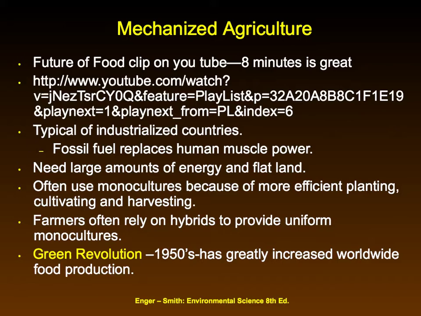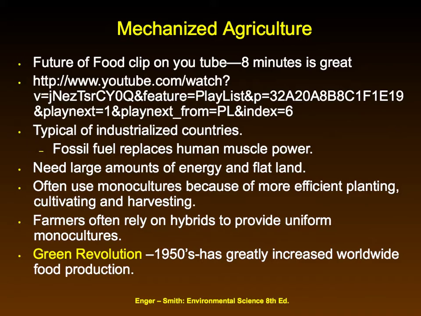One of the things about how agriculture has changed in the last 100 years is through machines: human labor versus machines. So in industrialized countries, you're going to see mechanized agriculture. That's going to be a huge amount of fossil fuel being used instead of human muscle power, and a large amount of energy and flat land is required for this.